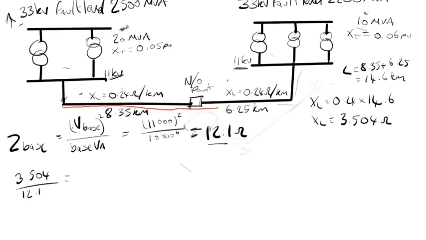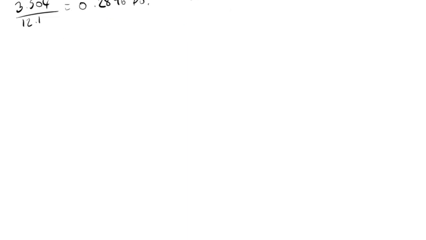So if we start drawing this out down here, if we draw a little resistor representing the cable, it's 0.2896 pu. So if you imagine that's the cable, then you have your 3 transformers there, all connected on your bus.